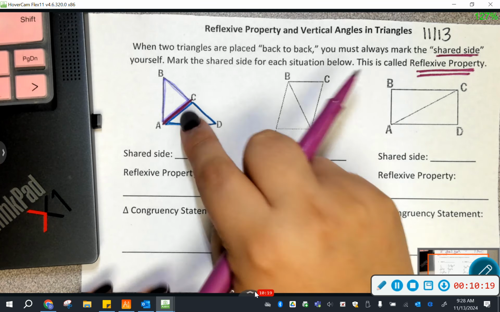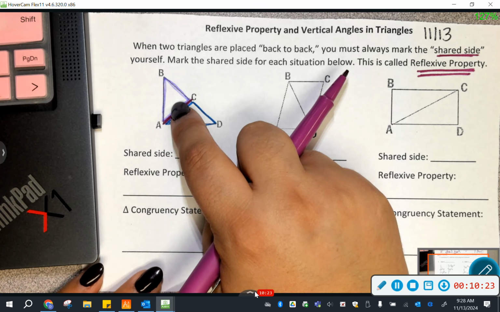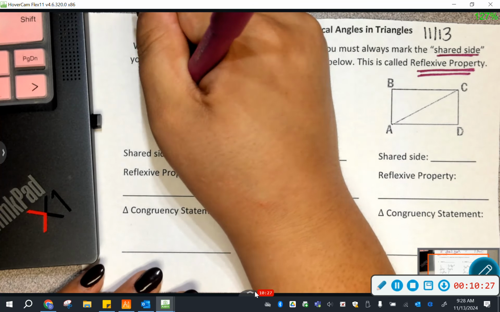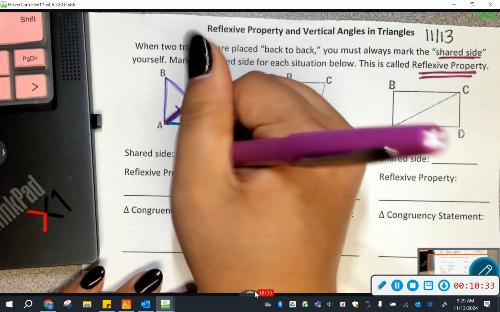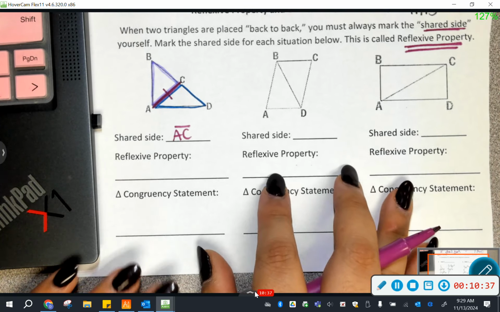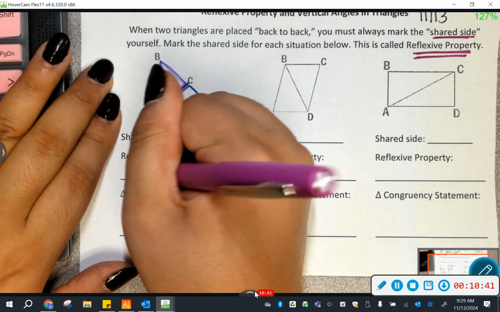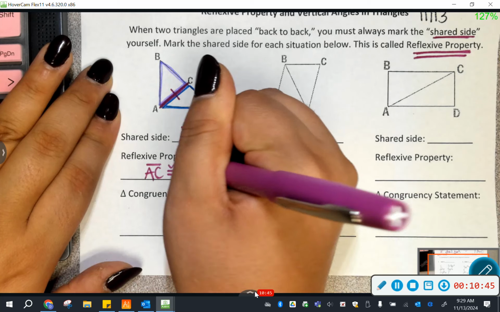For instance, if I say this is 5, it's going to be 5 on triangle ABC and ACD. So if they share a side, I can put a tick mark. What's my shared side? AC. Put a line above it. So the reflexive property, and I know this is going to look weird, is AC is congruent to AC.